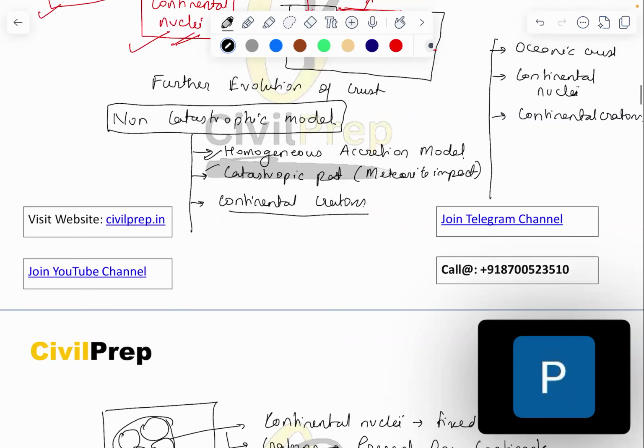After this, what happened? There was further bombardment of meteorites. Number two, there was a second thing, that is denudation of landforms.